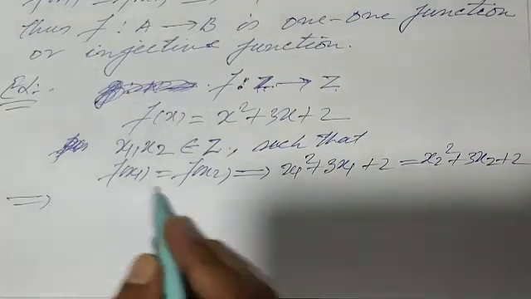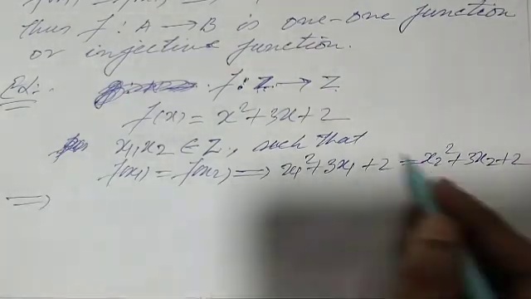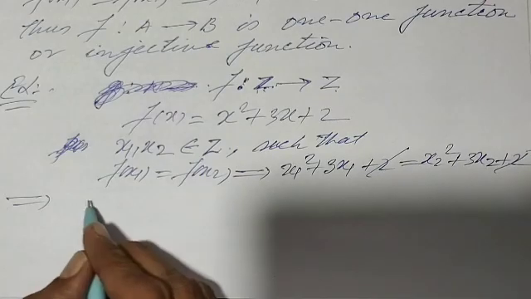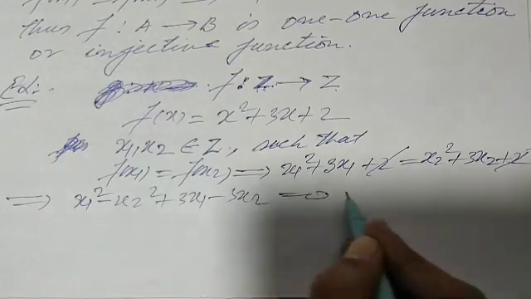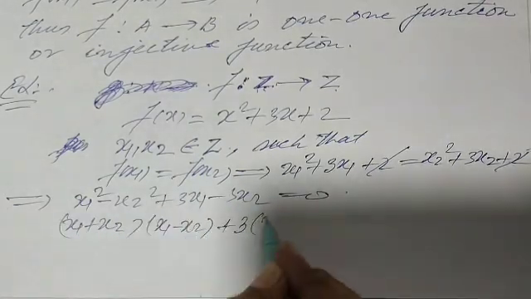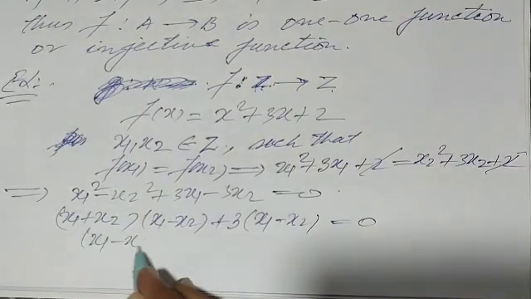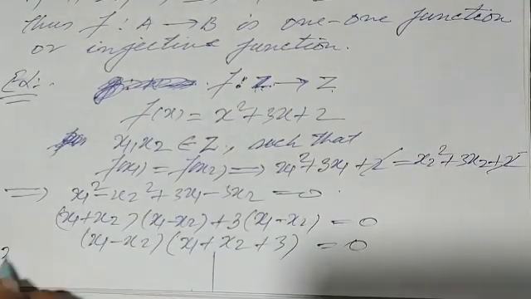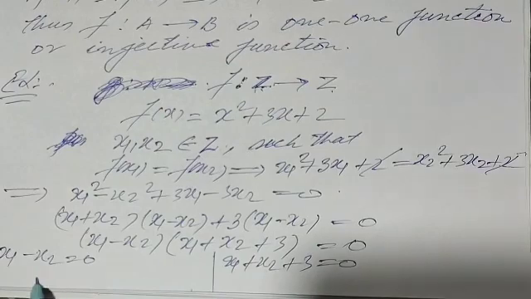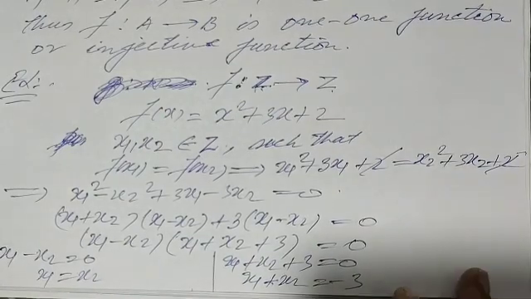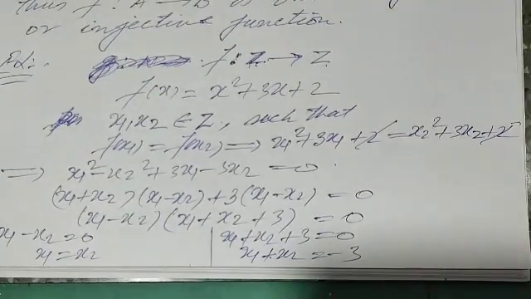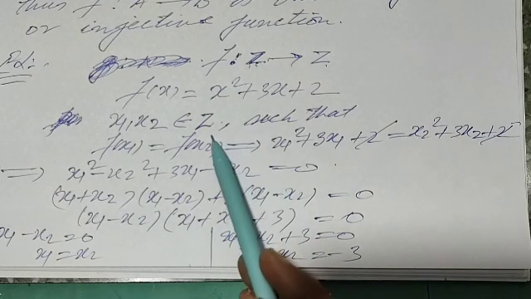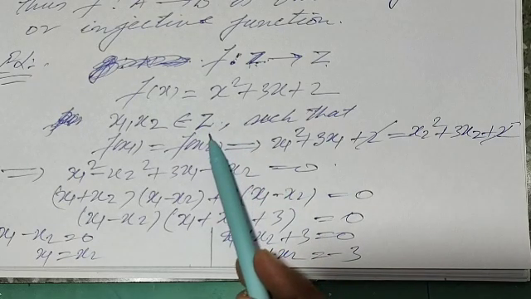And as we have done in the previous example, simplifying this, we have two relations, and both are valid because integers are negative and positive as well.